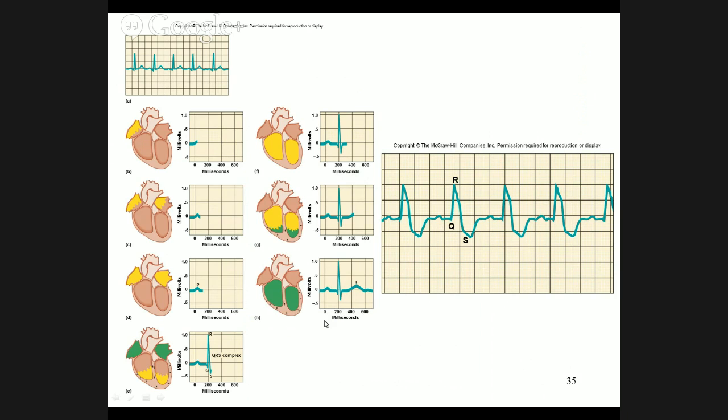The slide shows a little bit of the ECG pattern and what it represents.